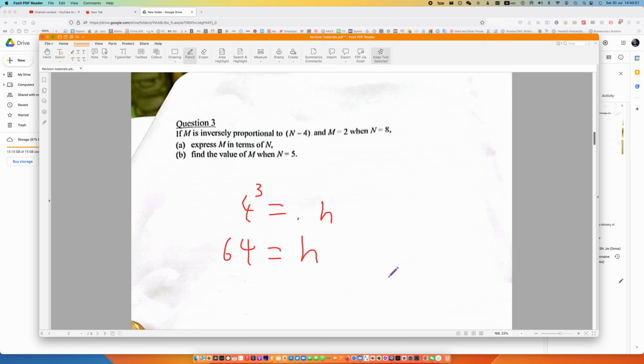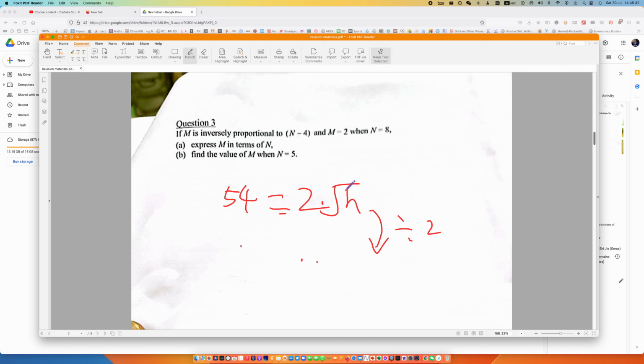Okay? So once again, what if you get questions like this? Before you can get h, what you need to do first? You get rid of the 2. Yes. So this is square root, right?